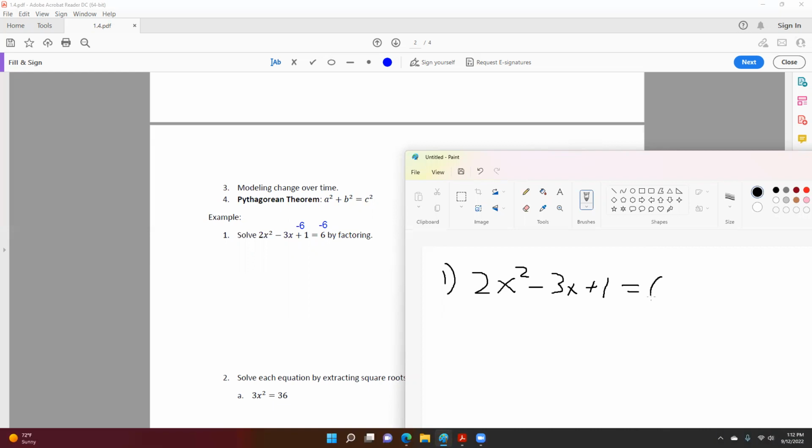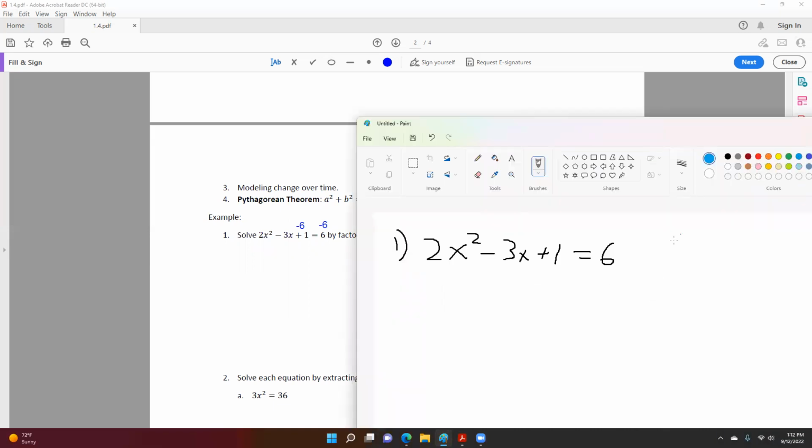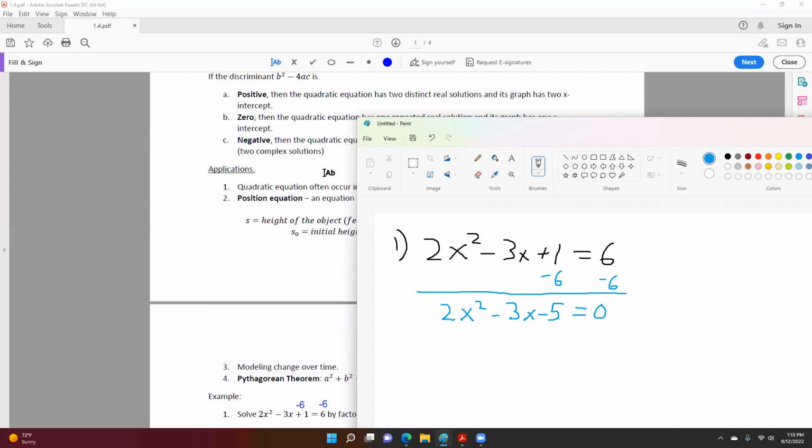We have to make this what we call the general form, so we subtract 6 on both sides to make it equal to 0. That is the meaning of general form. So what we have is 2x squared minus 3x plus negative 5, because 1 take away 6 is negative 5. And that is your first step.